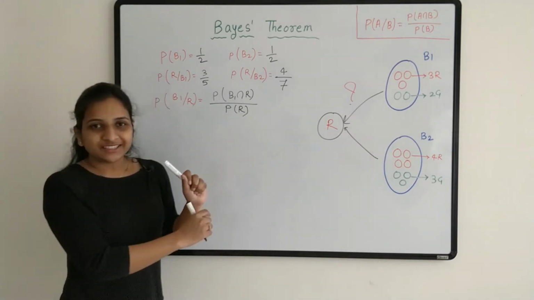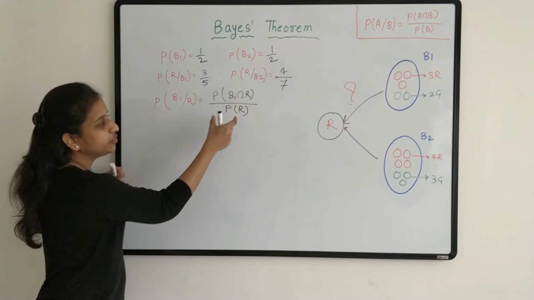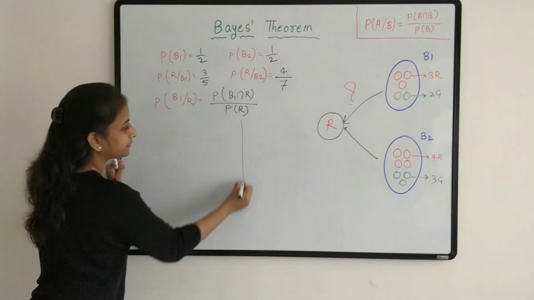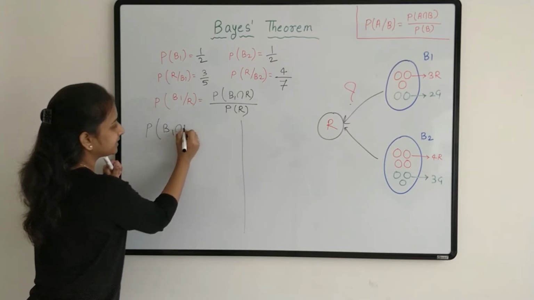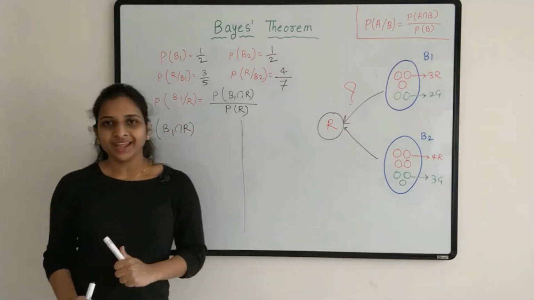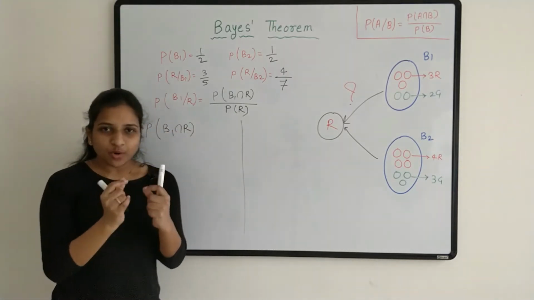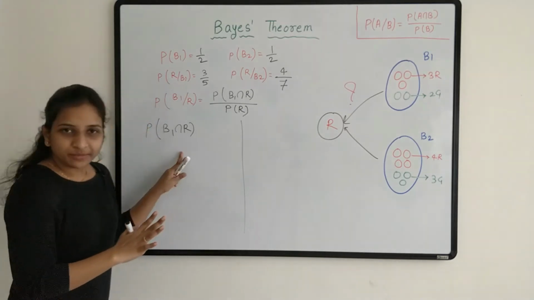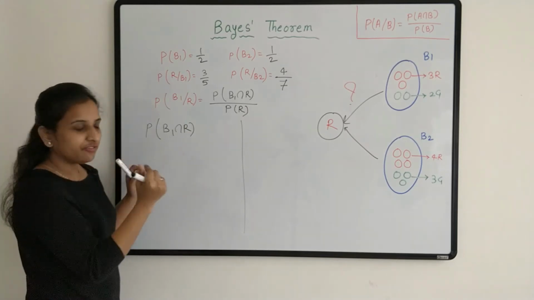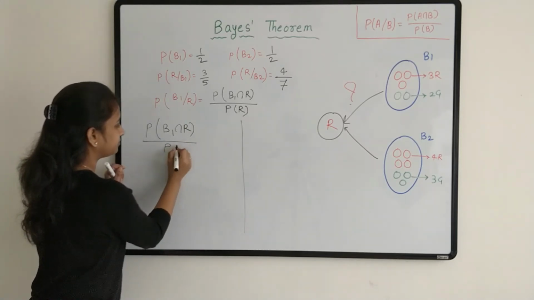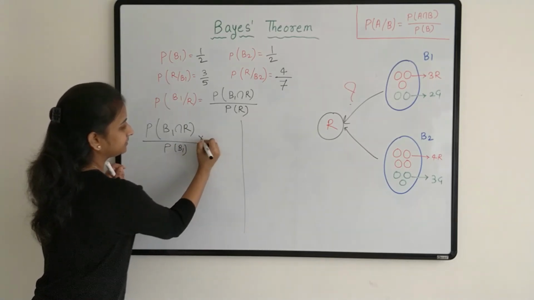Now I am finding the numerator and denominator separately. Numerator first: probability of B1 intersection R. Here I am doing some modification. What I am doing is multiplying and dividing this term by the probability of selecting bag 1, probability of B1.